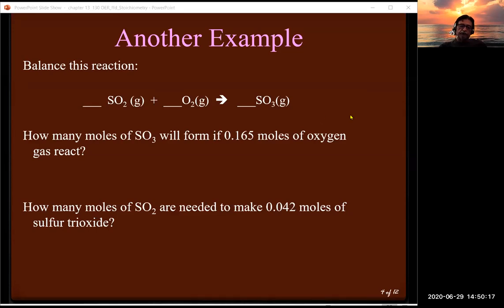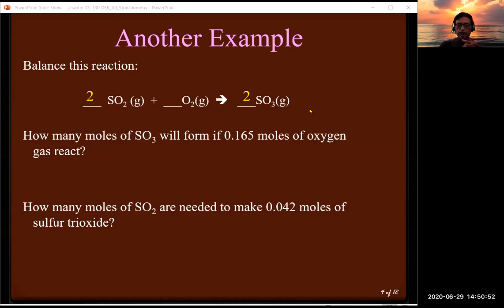So we can do this any couple of ways, but if I put a 2 in front of sulfur trioxide, that gives me 6 oxygens. And so I've got to put a 2 now in front of sulfur dioxide to balance my sulfurs. And guess what? The oxygens balance out. I now have 4 oxygens from sulfur dioxide, 2 from oxygen, and they're balanced.